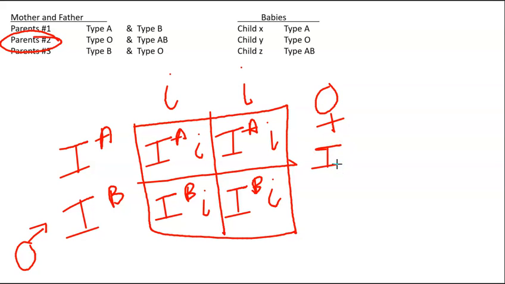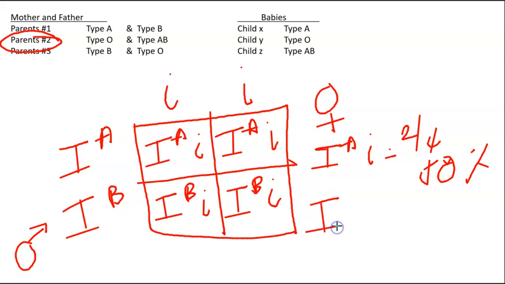So they have a 50% chance of having a child with type A blood. And then a 50% chance of being heterozygous for type B blood, since 2 out of the 4 squares have that genotype.